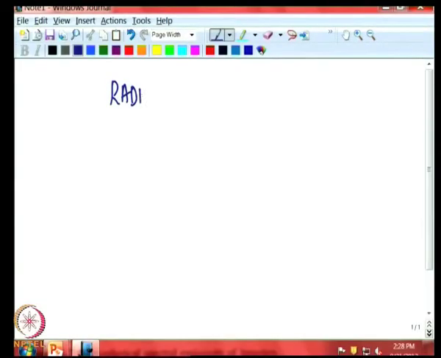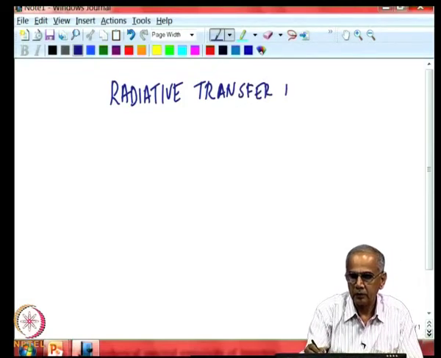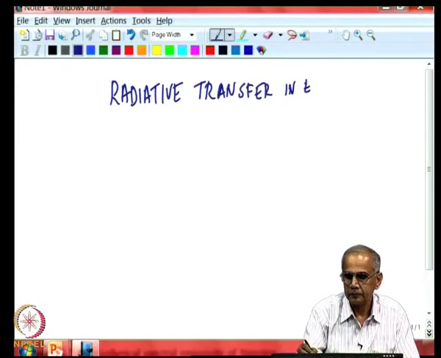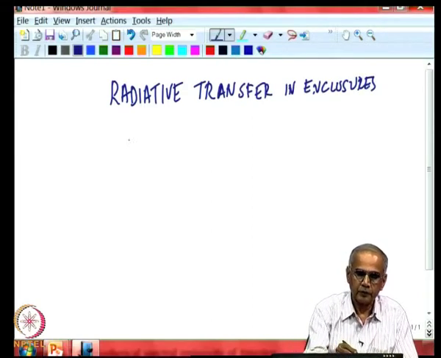In the last lecture, we looked at radiative transfer in enclosures, and we looked at a few examples of non-gray surfaces.